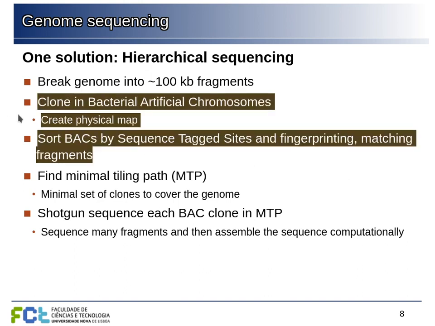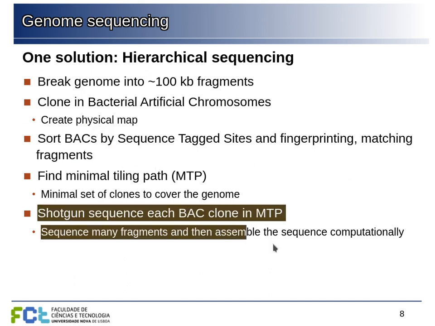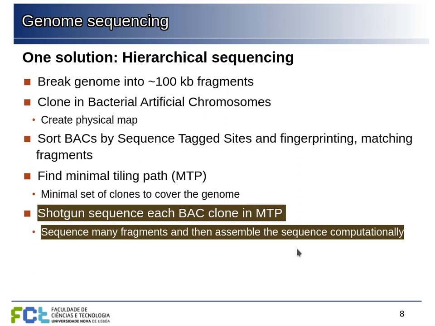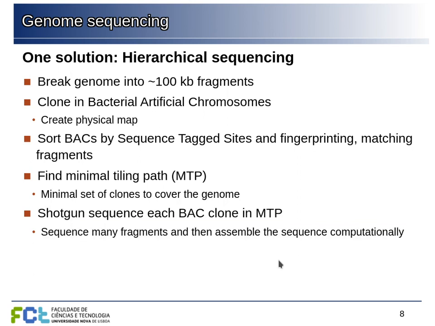And this takes a lot of work. But then the problem of assembling the sequence computationally becomes more feasible, because we are only sequencing each of these fragments. And this was the initial approach, in part because also of computational limitations. So if you have very large sets of sequences to assemble in a very large genome, that could not be solved easily in the computer.